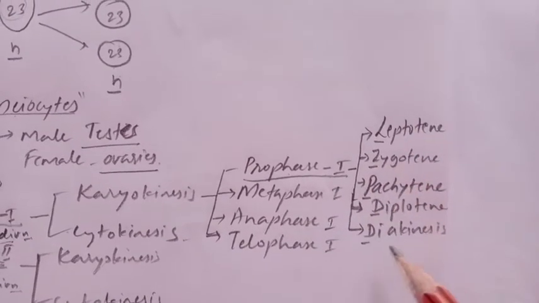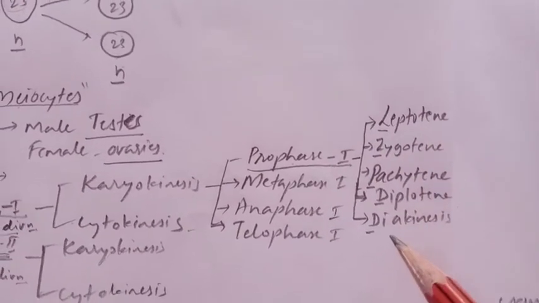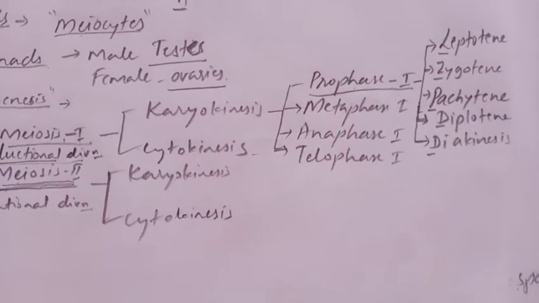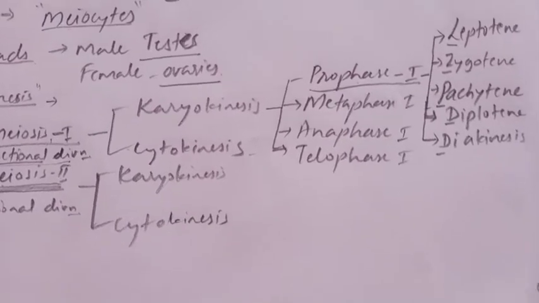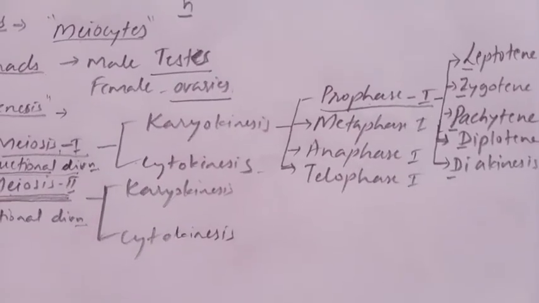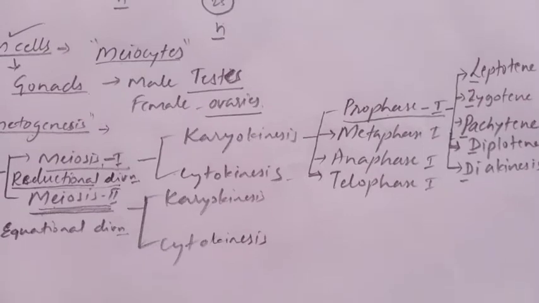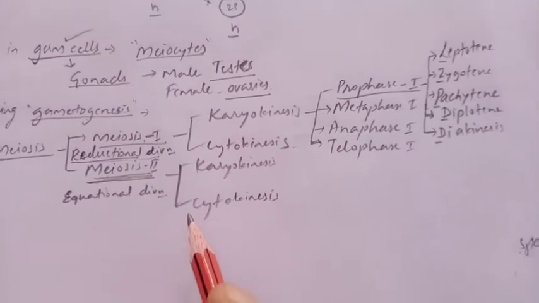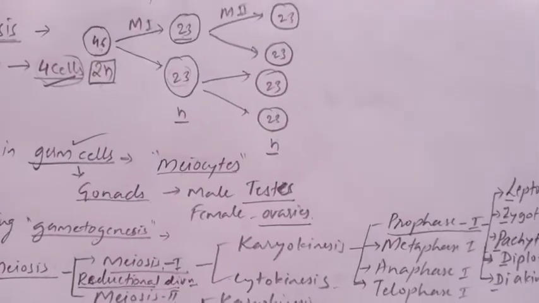Very important processes take place, and those details we'll discuss later. Okay, so this flow chart we should remember. Once again you see this one: what is meiosis?